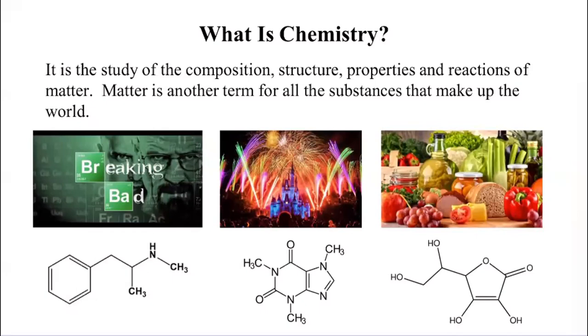Now, it is important that you are here and able to study chemistry, because you can see that we have different chemicals and structures out there. At the bottom of what you see here, we have 3 different structures.